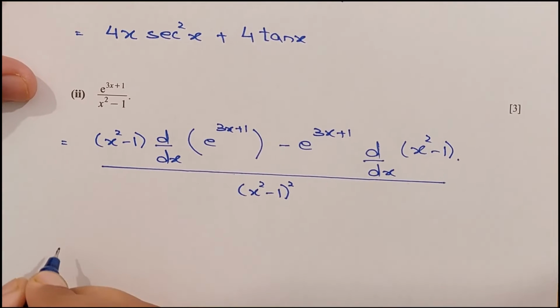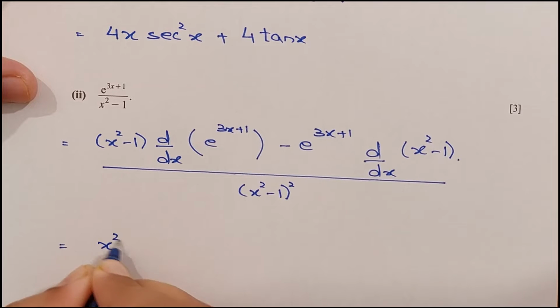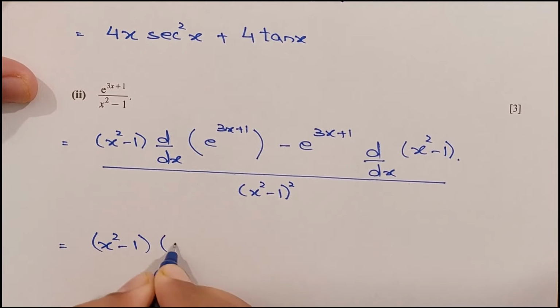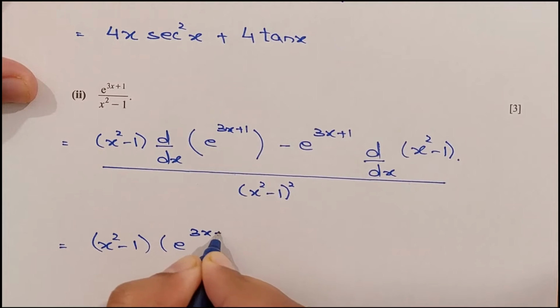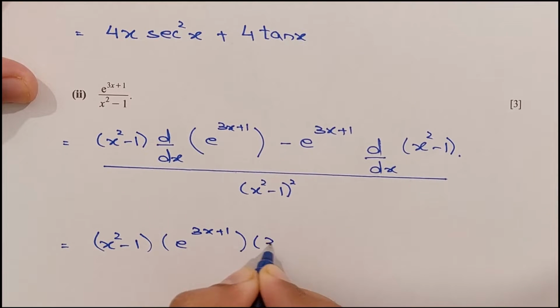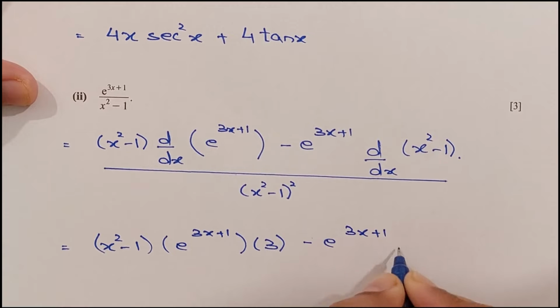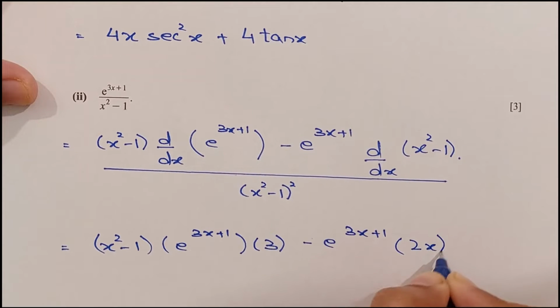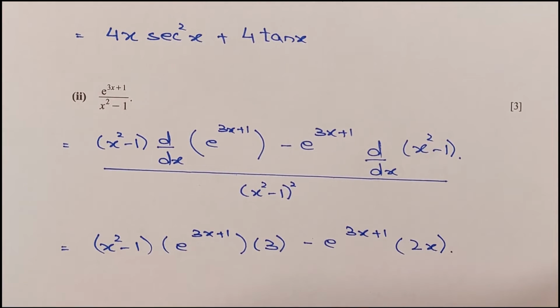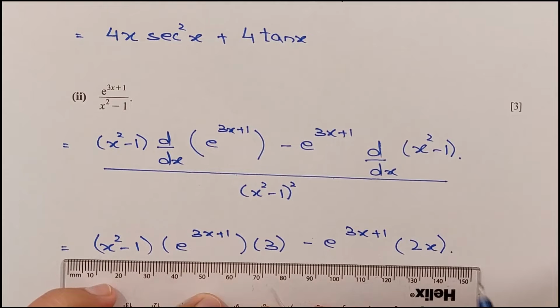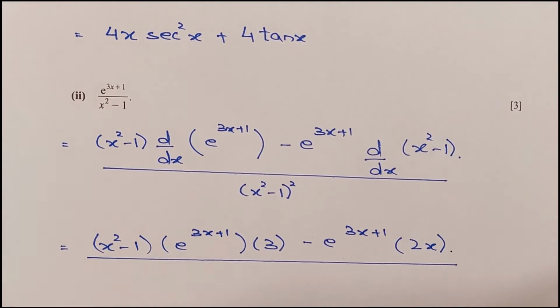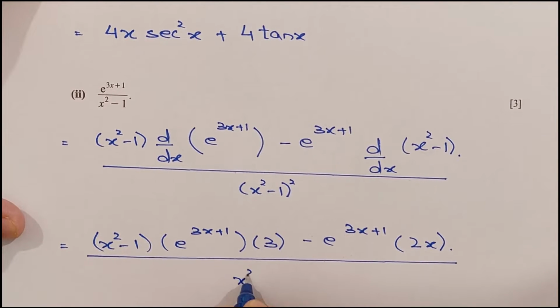Okay, let me simplify this further. This is going to be x square minus 1. Its derivative is e power 3x plus 1, and the derivative of 3x plus 1 is 3. Minus e power 3x plus 1, and its derivative is 2x, right? And divided by x square minus 1 whole square.